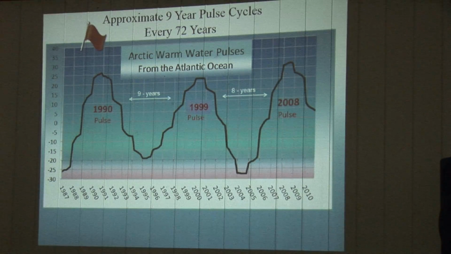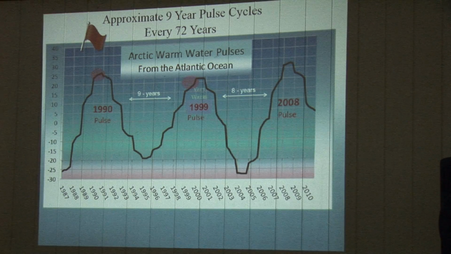So let's get back to my gravitational cycles I'm talking about. 1990, 99, and 2008. That's the gravitational cycles, the strong ones. There's the warm water pulse in 1990, 1999, and 2008.